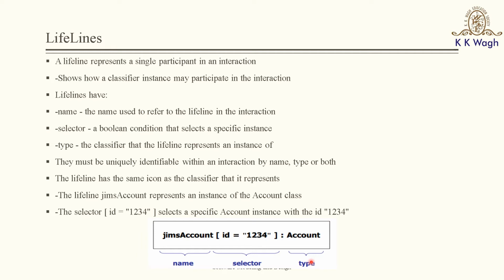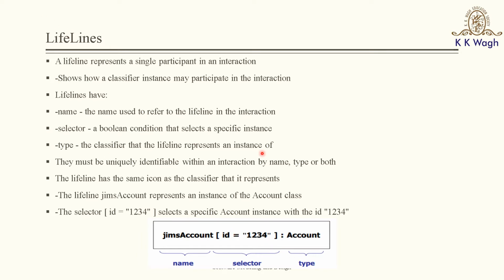And selector means what? If there is more than one ID present in the system, then how can you identify which ID you want to use? To select a particular ID, the selector is used in some cases. So this is all about lifeline.